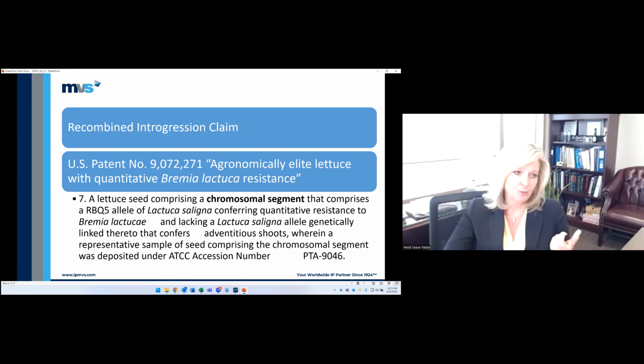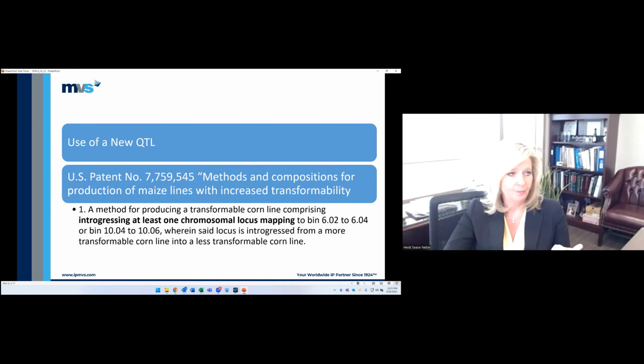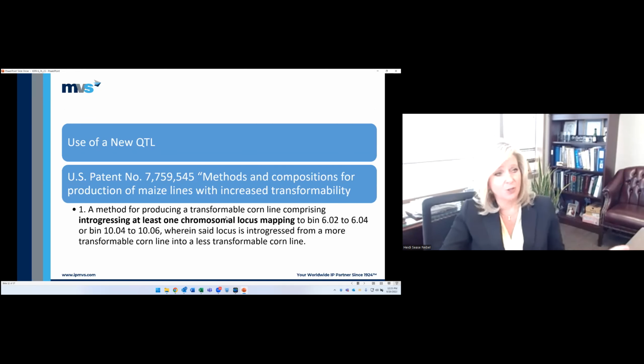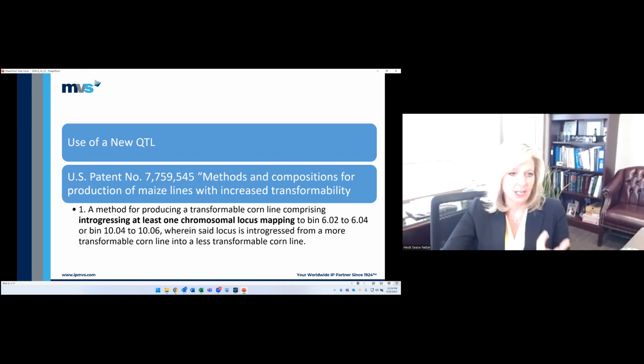Recombined introgression, where a chromosomal segment is introduced. A new quantitative trait locus. So for breeding and selection, if you have a QTL that is in linkage disequilibrium with a trait that you want to integrate, you can patent that QTL for use as a marker and methods of using that marker.